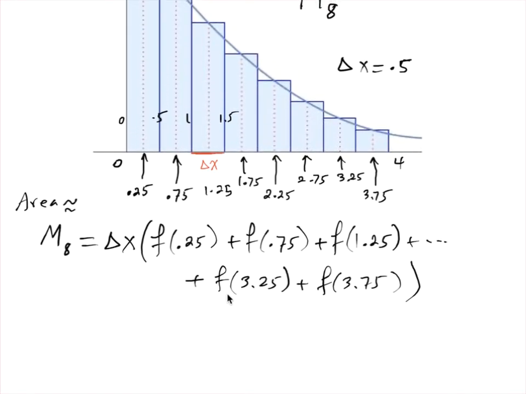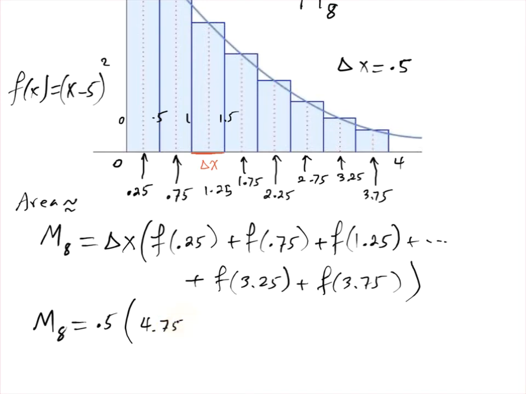And f of x, I'm going to write it here. f of x is still x minus 5 squared. It's the same function. So m sub 8 is delta x is half, just like before. And then f of 0.25, when you plug in 0.25 here, you subtract it from 5 and you square it. So this is 4.75 squared. The next one, you evaluate f at 0.75 and you're subtracting 5.